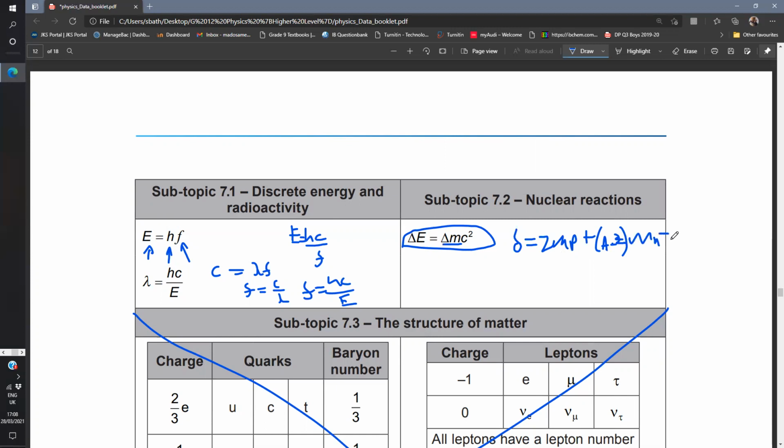Then m of the nucleus. So this is a nucleus, sorry for the handwriting: X, here we have A, and here we have Z. A is the protons and neutrons, the nucleons, and Z is only the protons. And c squared is basically equal to 931.5.